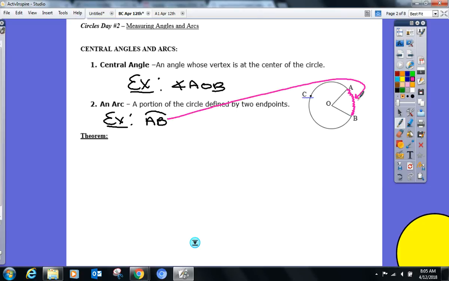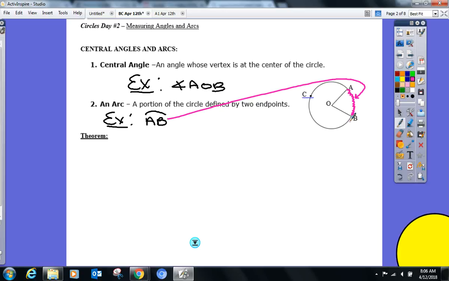Now, since you guys are honors and you think ahead all the time, and I appreciate that, well, why couldn't I say this one's AB? And you could be right. But when I say AB, I mean directly from A to B, no points in between. If I wanted to refer to this arc right here, anybody know how I would name it instead?